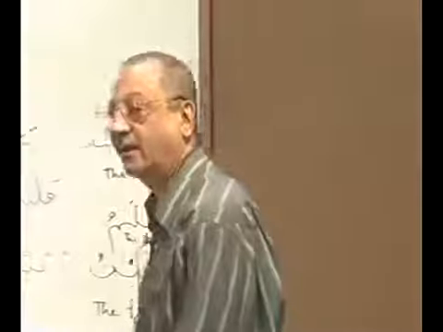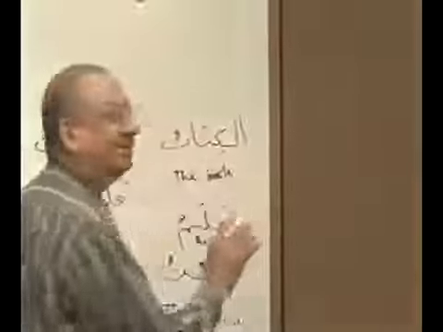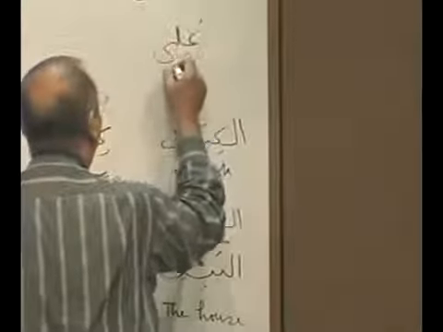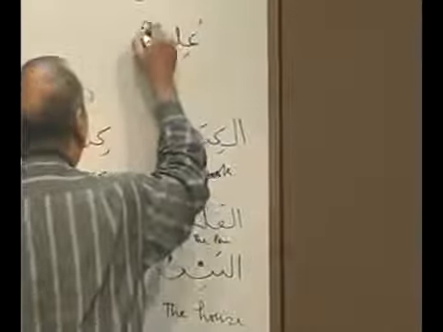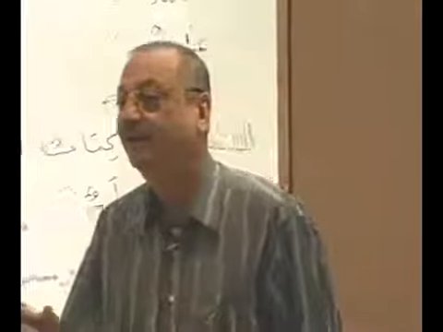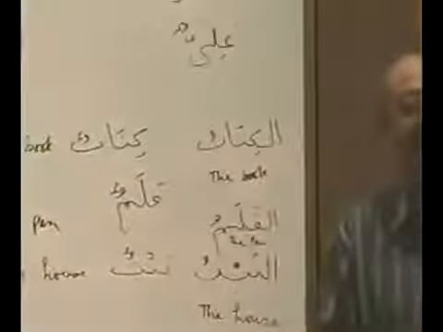If I say Ali, brother, how do you write Ali? We always say Ali, but truly speaking, Aliyun. See the tanween? Now tanween is normally the sign of a noun which is indefinite. But in the case of proper nouns, the tanween doesn't make any difference.